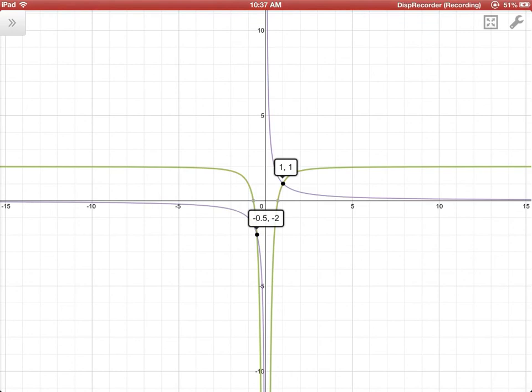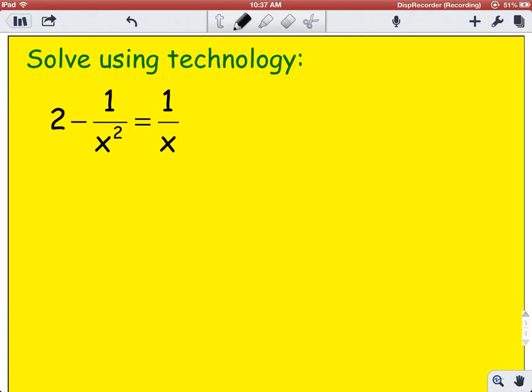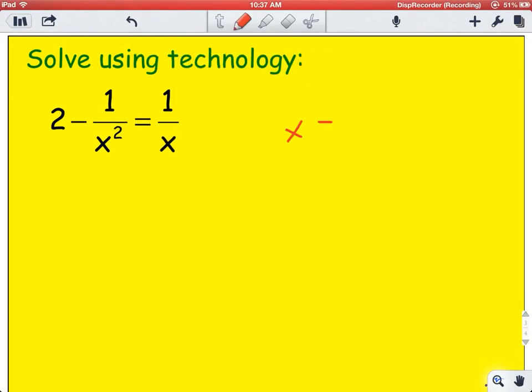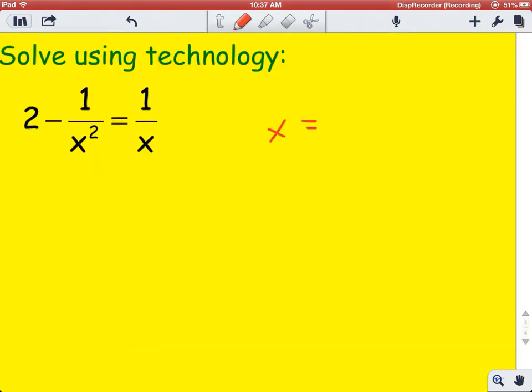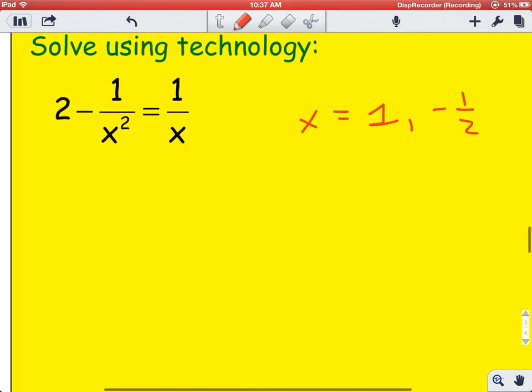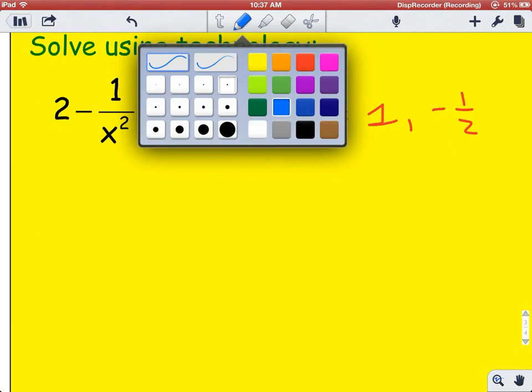And once again, we only care about the x values. So x is equal to either 1 or negative 1/2. And if we plug them in, we will get a true statement. Let's just take one moment and do that.